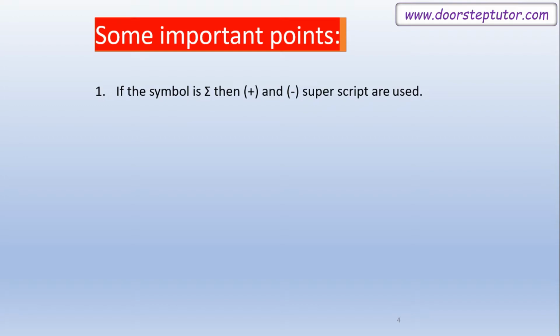The positive and negative superscript we can use for the sigma system only. That is very, very important. Clear. Next, G and U refer to the orbital of the last electron filled.